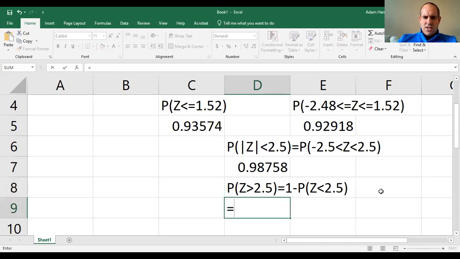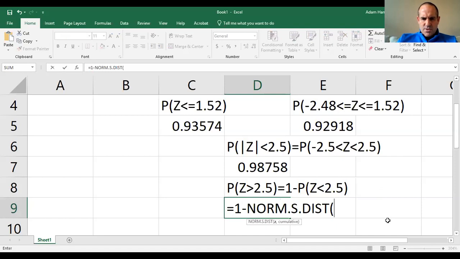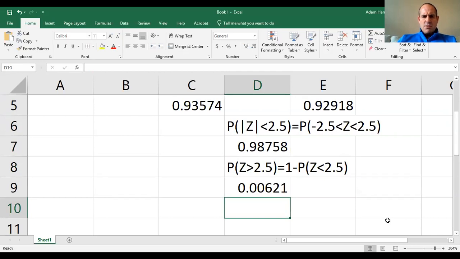So equals 1 minus normal standard distribution at 2.5, and I get 0.00621. That's the probability that z is bigger than 2.5, so that's how much area is to the right of 2.5.